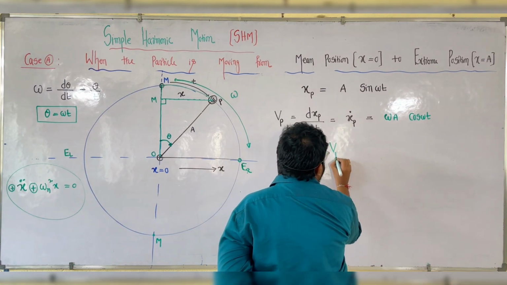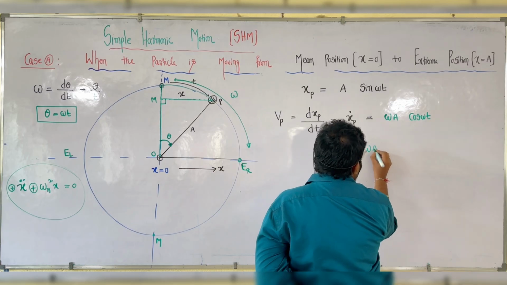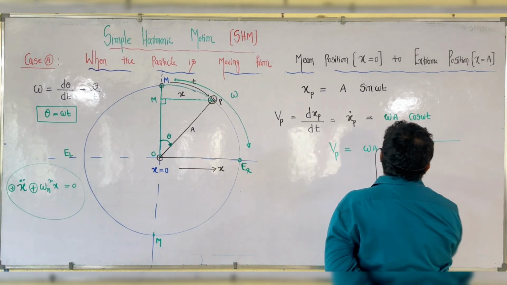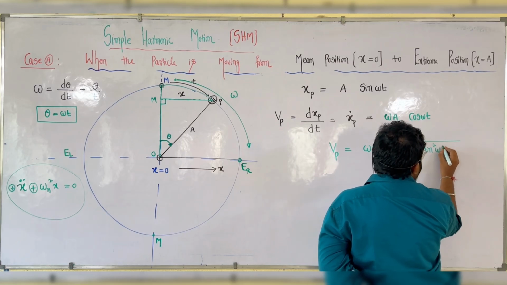What is the velocity of the particle? Omega a into square root of 1 minus sin square omega t.